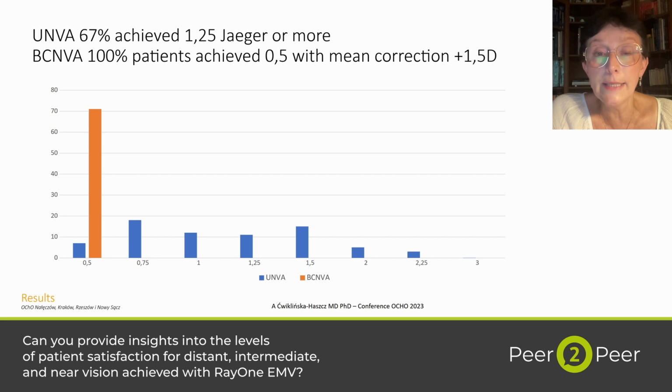This is intermediate print, as in books. And 100% of patients, when we add a little plus, achieved full vision with mean correction plus 1.5, which is very worthy to underline here, because this correction normally, when we use a standard monofocal, is plus 2.5 or more.